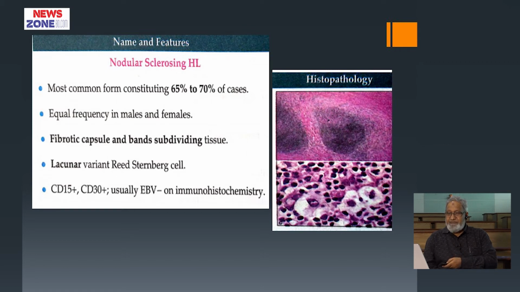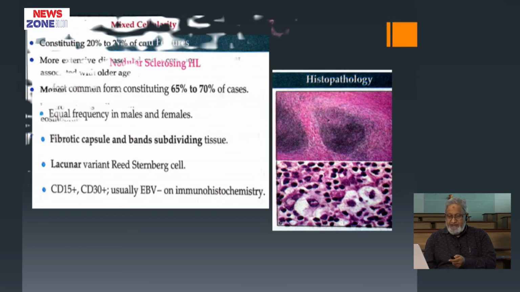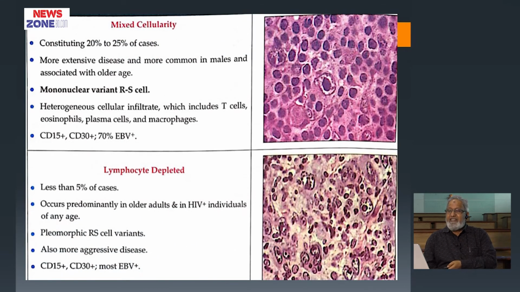Epstein-Barr virus is usually negative in the sclerosing variety. What happens in the other variety, mixed cellularity? Though the incidence is low, constituting about 20 to 25%, it is a more extensive disease, more common in males and associated with older age.